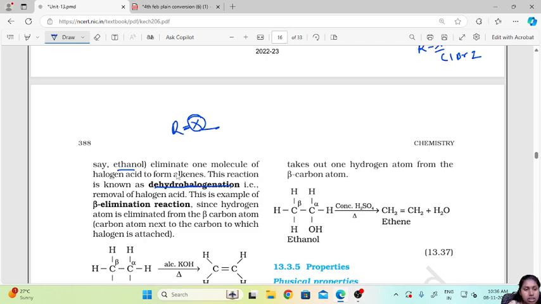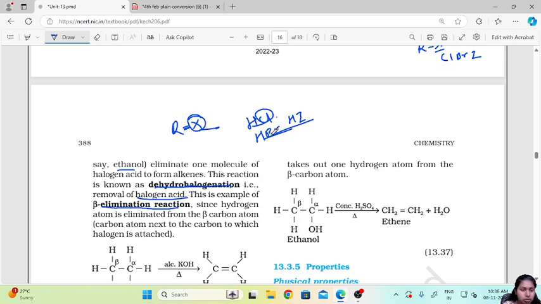So the reaction where you use alkyl halides to form alkenes is called dehydrohalogenation, because you are removing a halogen acid, that is, you remove it as HCl, HBr or HI. That's why it is dehydrohalogenation. Now this is an example of a beta elimination reaction.